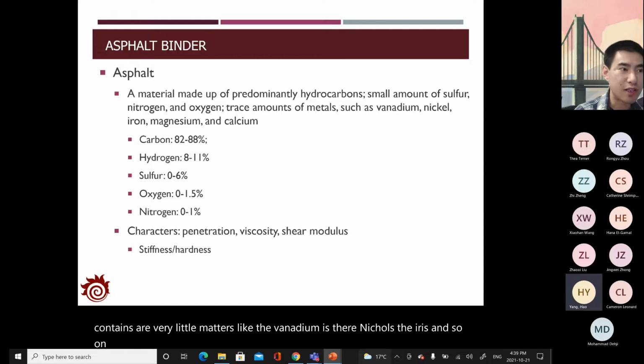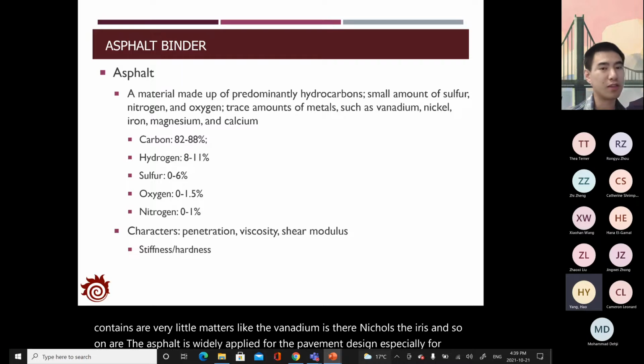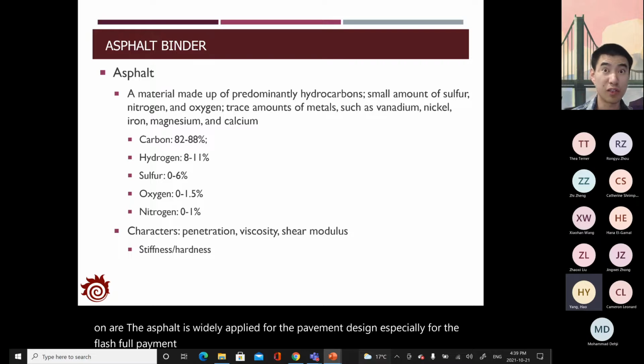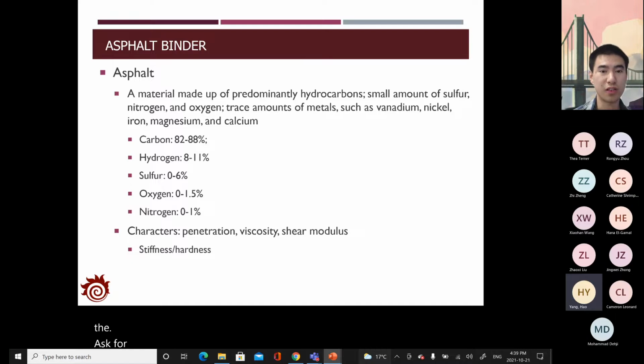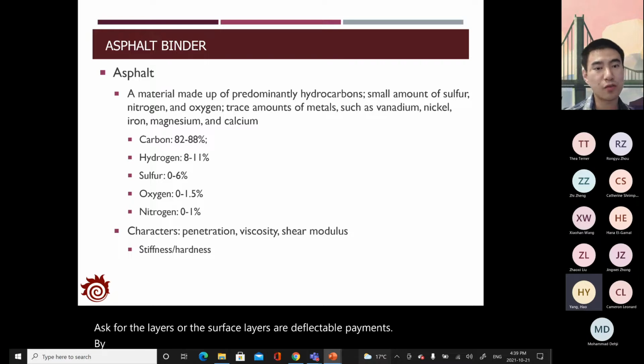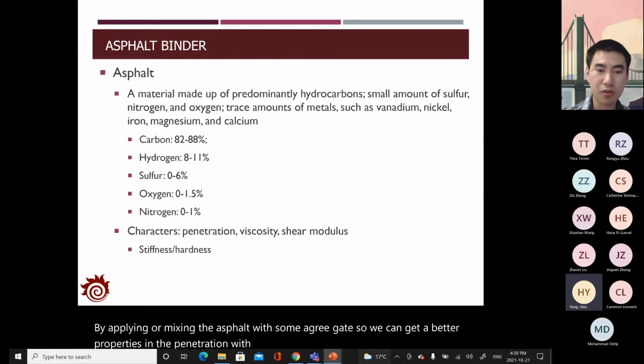The asphalt is widely applied for the pavement design, and especially for the flexible pavement. It will be the major material for the asphalt layers or the surface layers of the flexible pavement. By mixing the asphalt with some aggregates, we can get better properties in the penetration, viscosity, and the shear modulus.